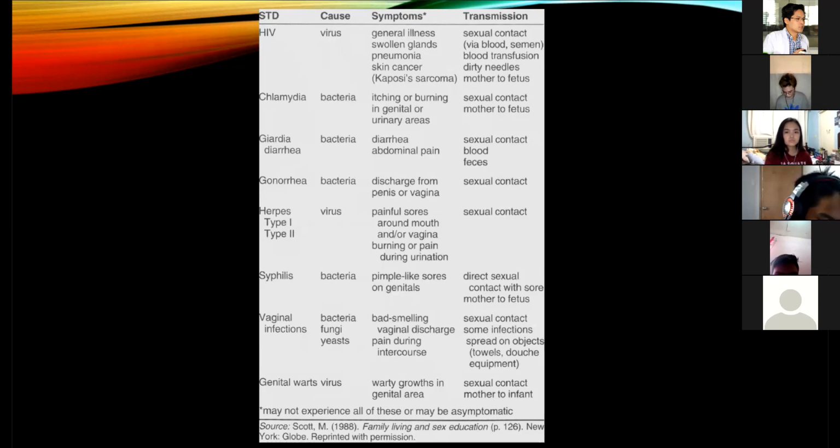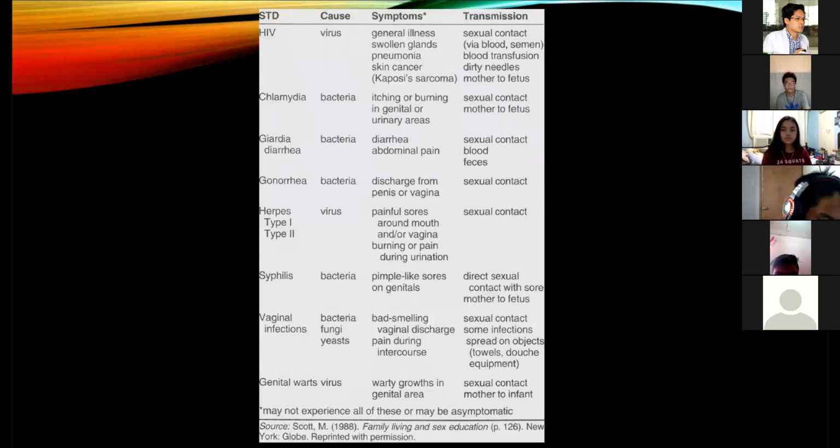Chlamydia is bacterial in nature, so the signs and symptoms are burning or itchy sensations in the genital or urinary areas. In the girls, it is in the clitoral area or clitoris.